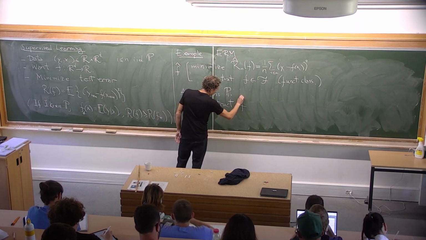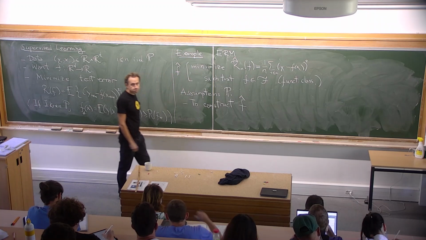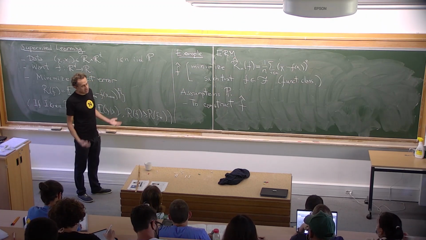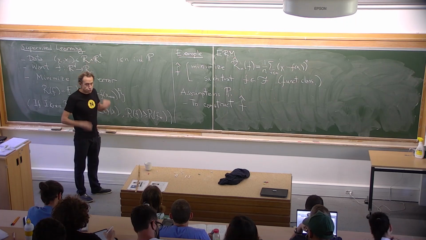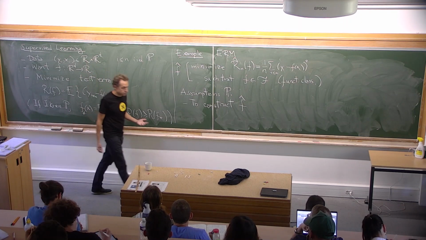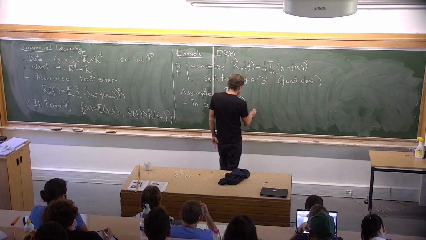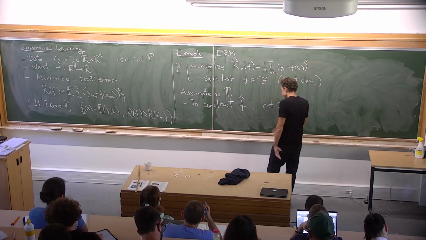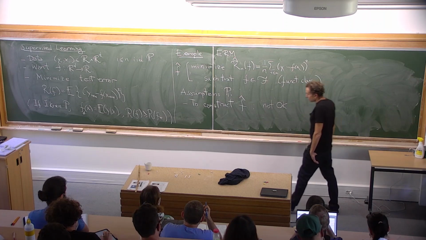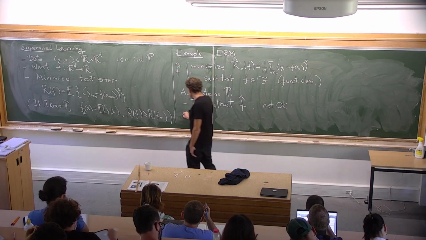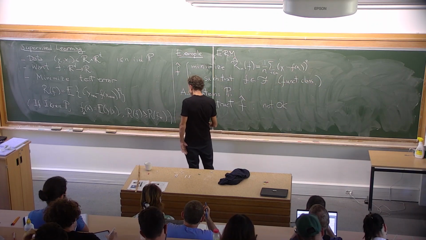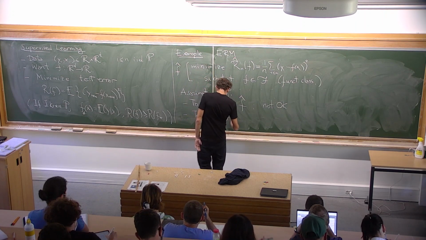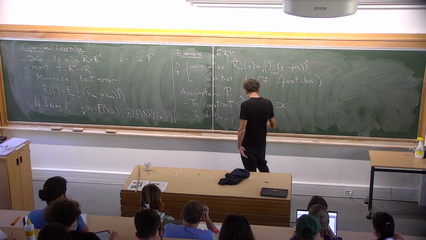So you can say, I know something about this distribution P, and I'll use it in the construction of the algorithm. And this is not really okay, or not so okay. On the other hand, to do theory, I think this is okay.